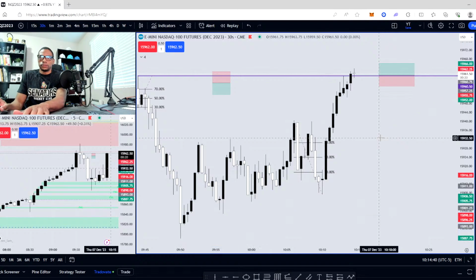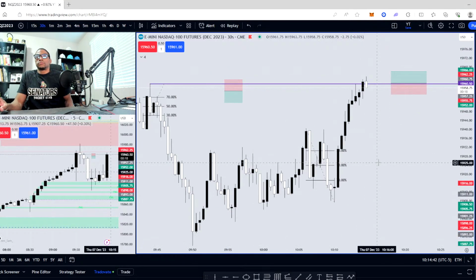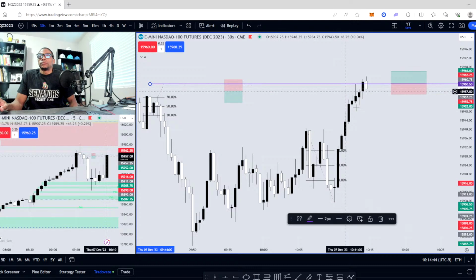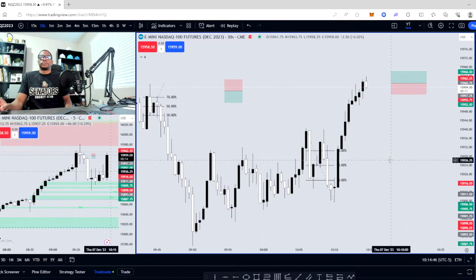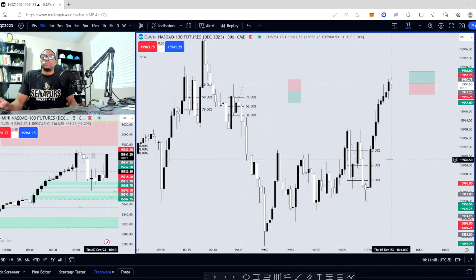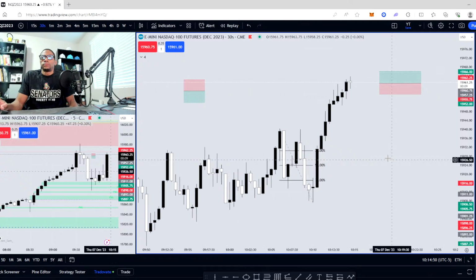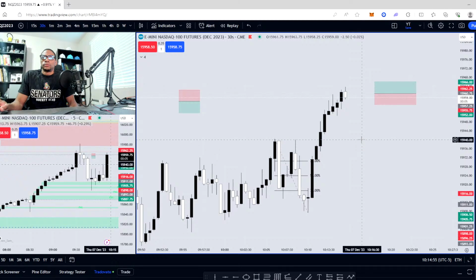We don't need it. We don't need this anymore either. So our next step is to look for a low to be swept, which we have a low here that could be.